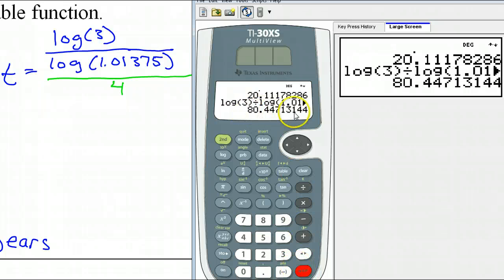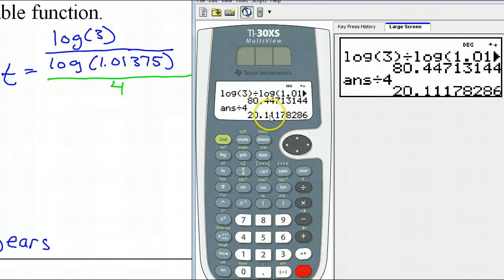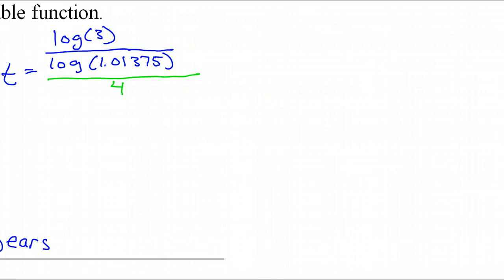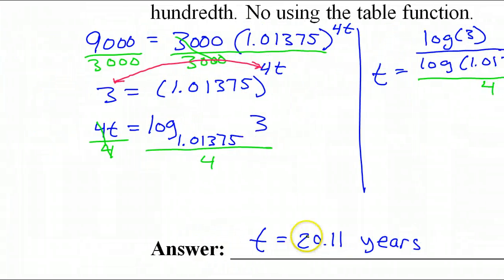So I've got this decimal. I'm not going to round it, but I know I still need to divide by 4. So I'll just go divided by 4, and I get the exact same answer. So you do it however you feel most comfortable. Okay, moving on.